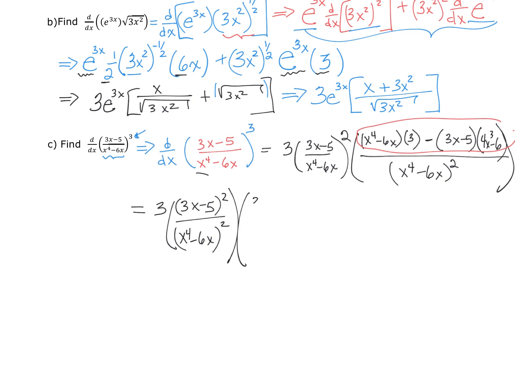This will give me, when I distribute in that numerator, 3x to the 4th minus 18x minus, we will have to FOIL here, minus 12x to the 4th minus 18x minus 20x cubed plus 30. We still have to distribute that negative sign.